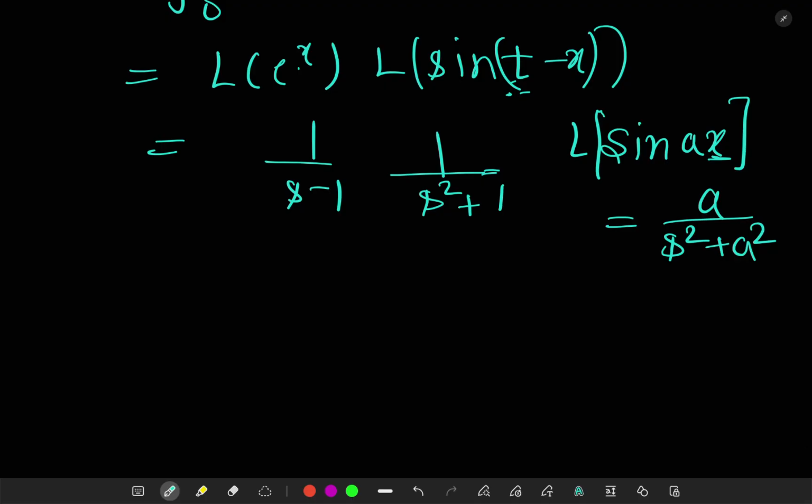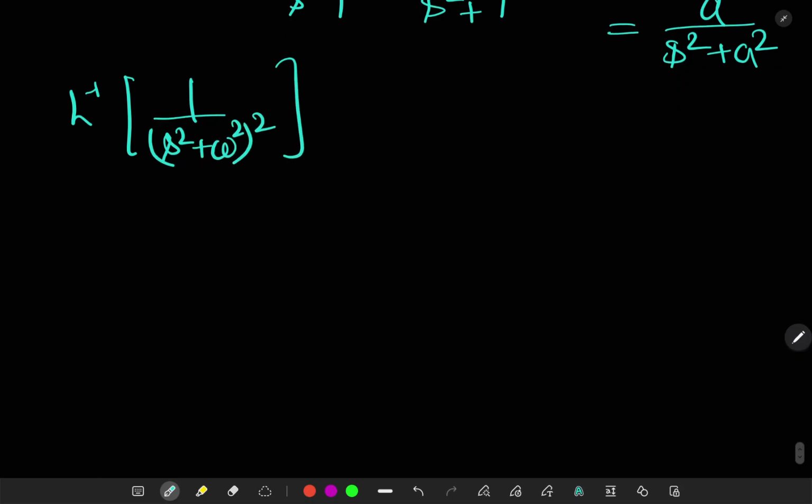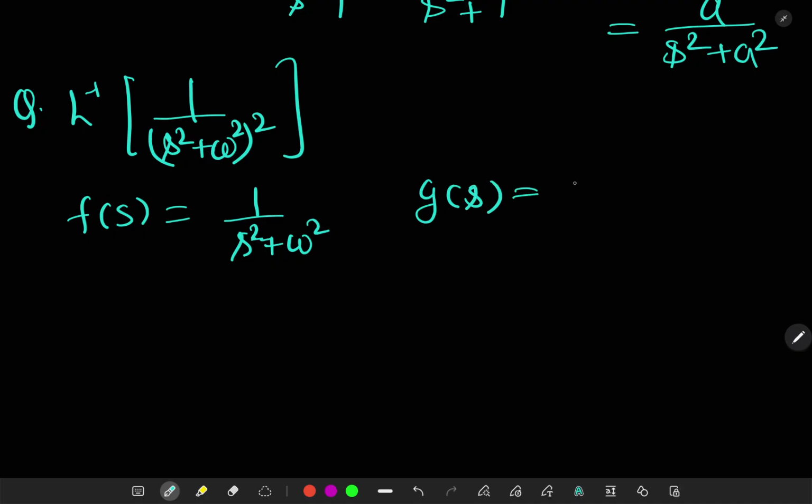Let's do a question on inverse Laplace transformation. Let's do this question by the convolution theorem. F(s) is equal to this, and G(s) is equal to 1 by s square plus w square.